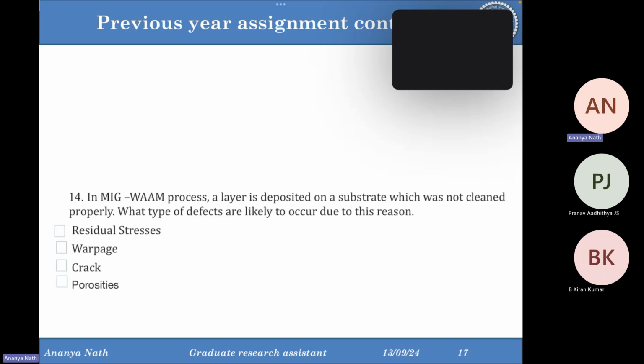The next is: in the MIG WAM process, a layer is deposited on a substrate which was not cleaned properly. What type of defect is likely to occur due to this reason? Porosity, ma'am.